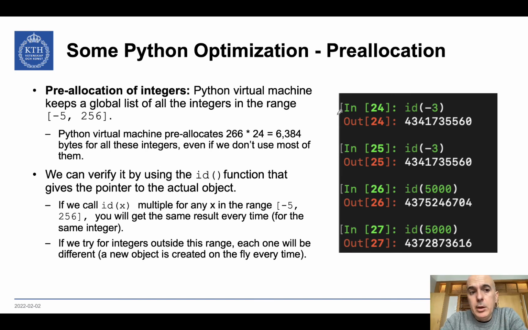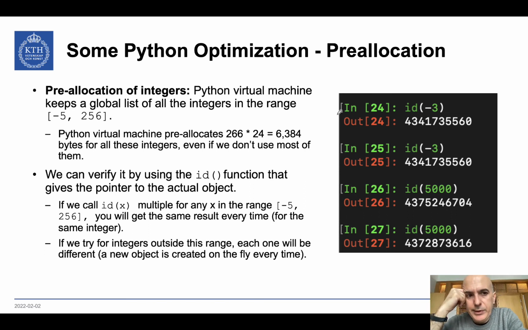So one of the performance optimizations that Python does is that whenever we start Python, it can pre-allocate some memory that we are very much likely to use.